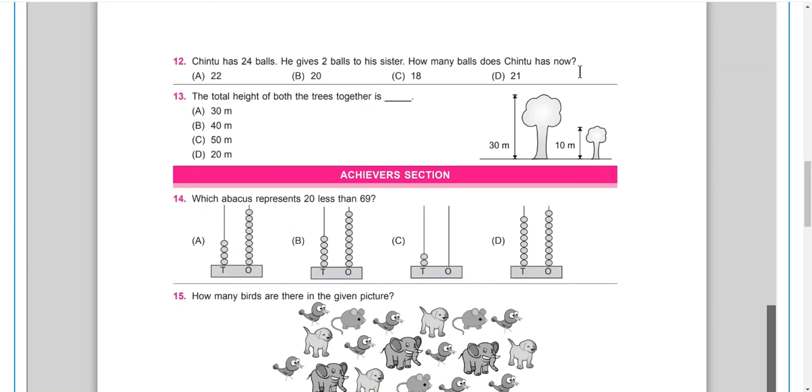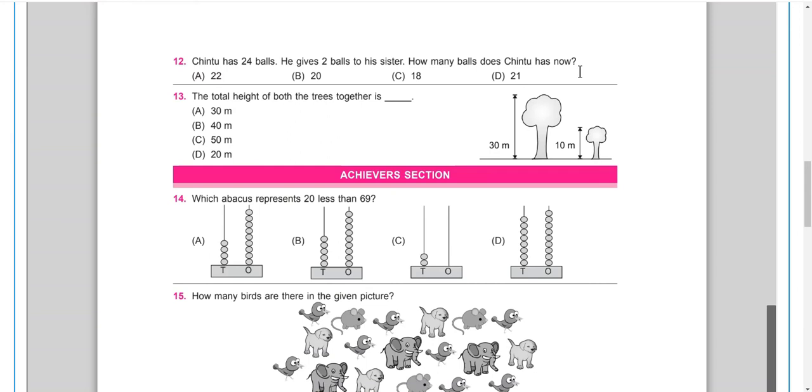What is the logic that we are using? Now first of all, let's discuss the logic. What you are trying to do here? You are trying to add, you are trying to subtract. What you have to do? Add? Subtract? Think about it and tell me.